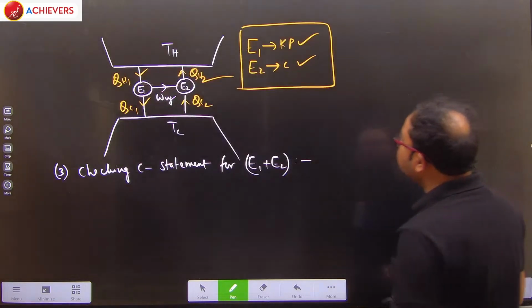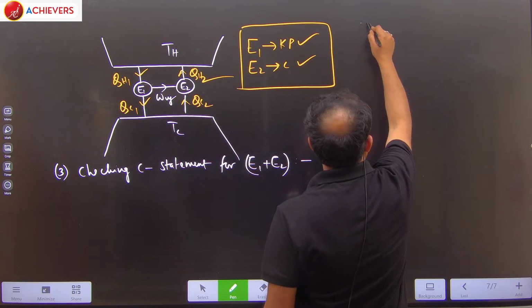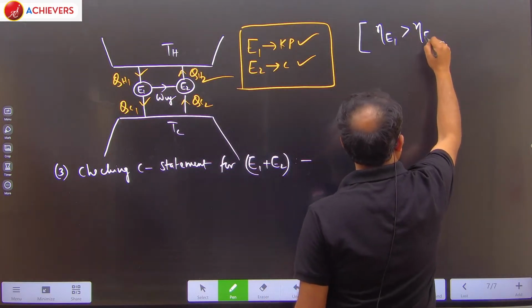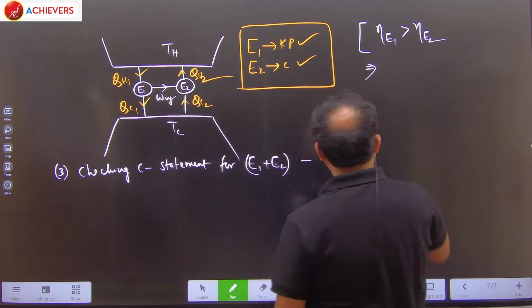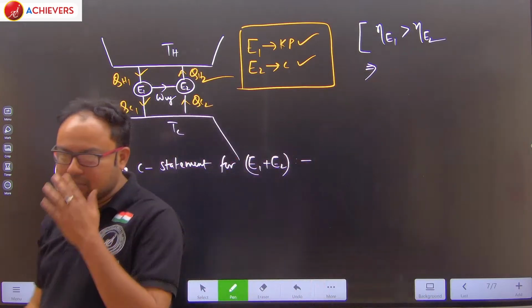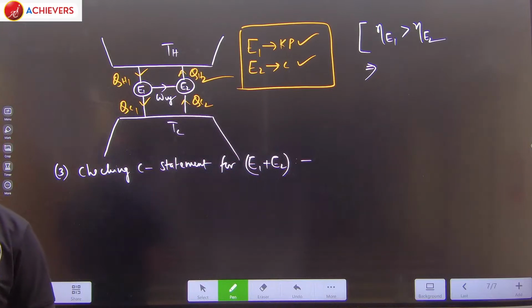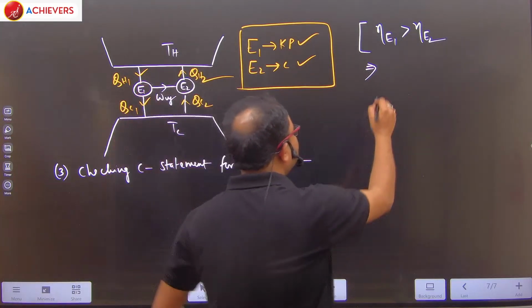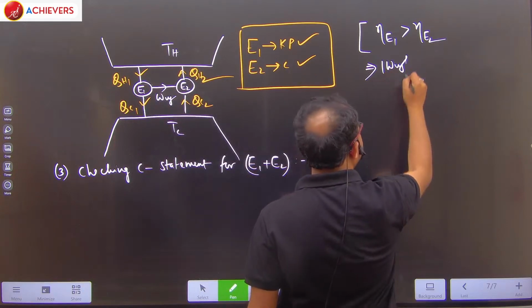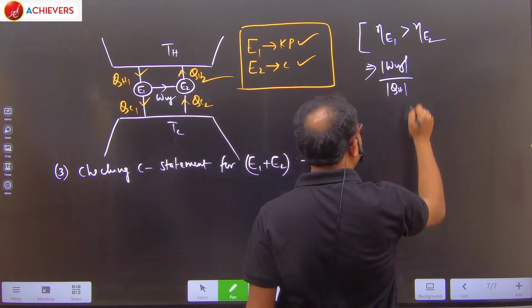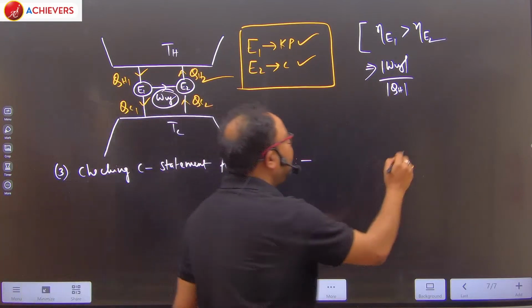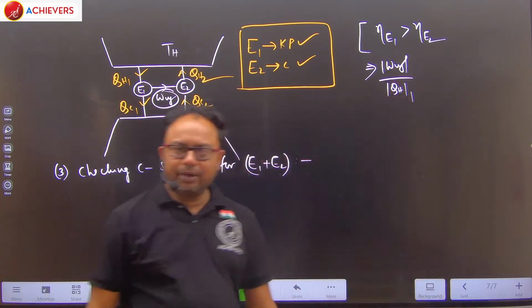So if we choose this option, eta E1 greater than eta E2, then what will we get? Let's see. Eta means mod W cyclic by mod QH. For both cases, mod W cyclic is all the same. For E1, mod QH is mod QH1.